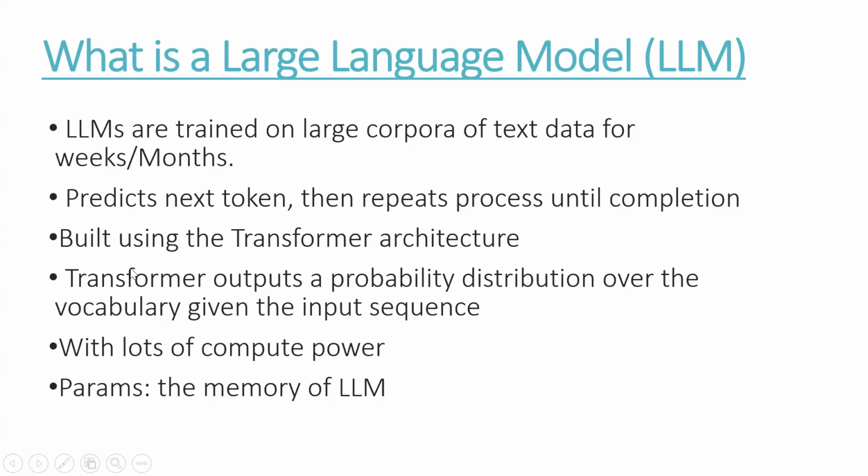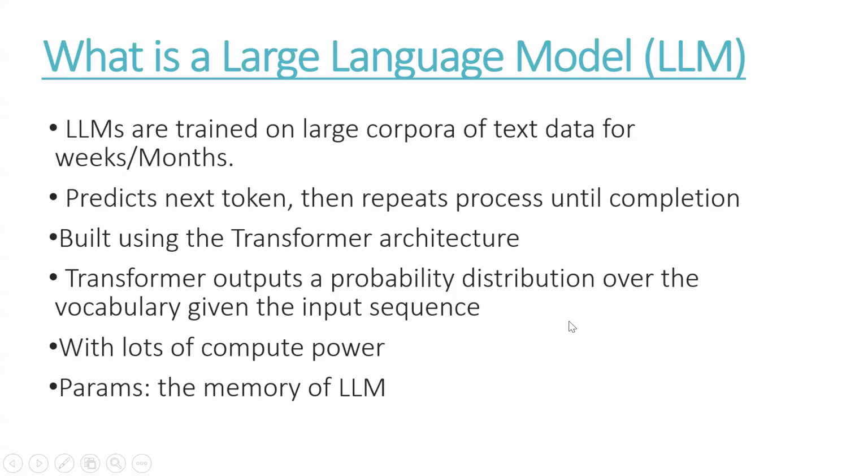If things are not clear, maybe in the next few slides you will get a clearer understanding of what I am talking about. So it consumes a lot of compute power. What are the parameters? The memory of the LLM. When we say there is a model of 70 billion parameters, those parameters are weights, and they act as the memory of my large language model.